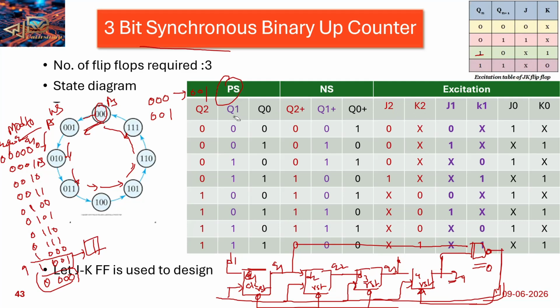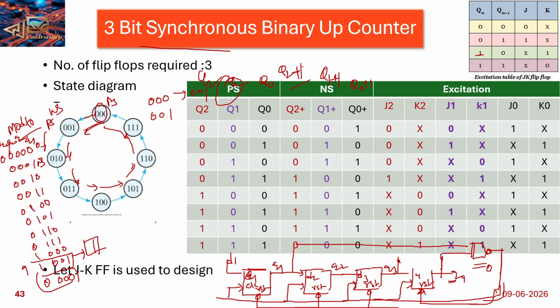So Q2, Q1, Q0, and then Q0 plus, Q1 plus and Q2 plus. That is the next state output. That means Q0 is the present state and Q0 plus 1 is the next state, and similarly Q1 and Q1 plus 1, and Q2 and Q2 plus 1.